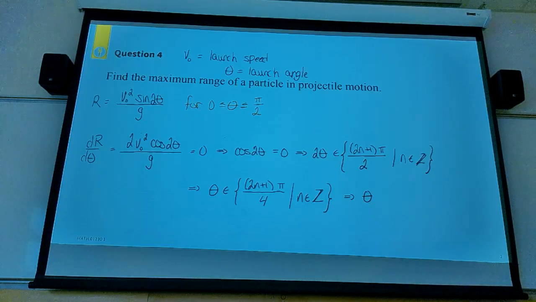Just pi over 4, right? We only get one critical value. Now we have the critical points. What do you have to do next?